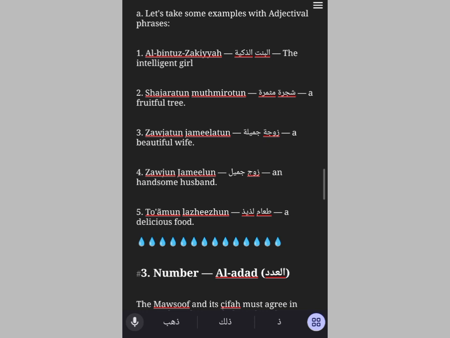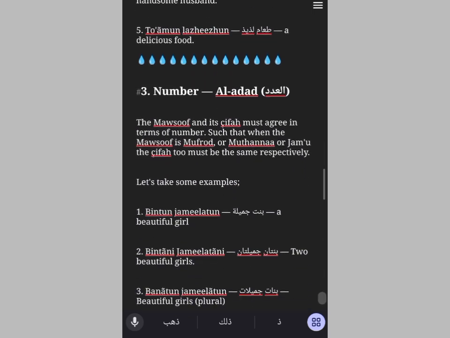Ta'am is masculine, so the ladhi must be masculine. And at the same time, it is nakra. So it must obey in all cases.